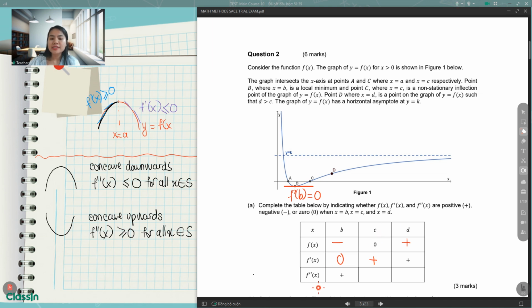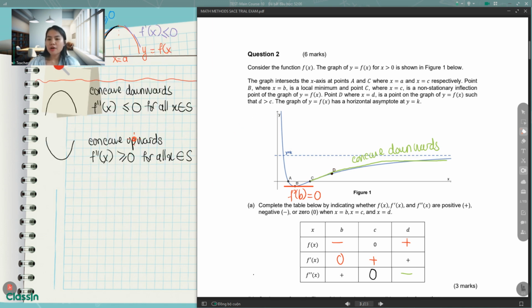And remember, the second derivative is equal to 0 at the inflection point. So f''(C) is 0. And for f''(D), when x is more than c, the graph is concave downwards. So f''(D) would be negative.